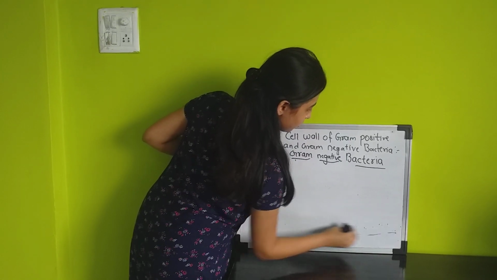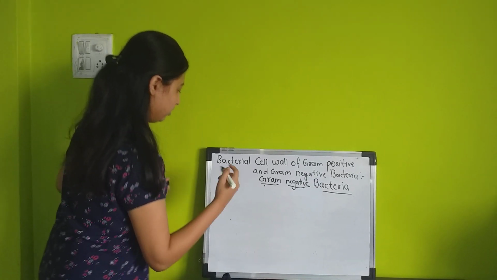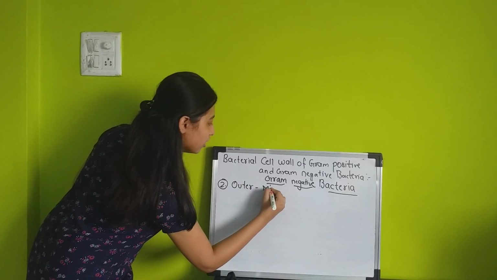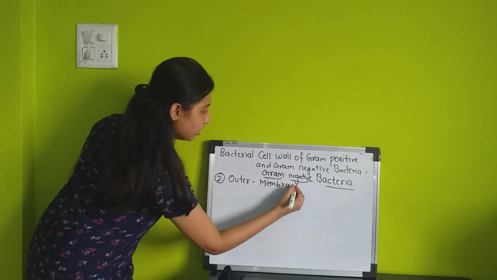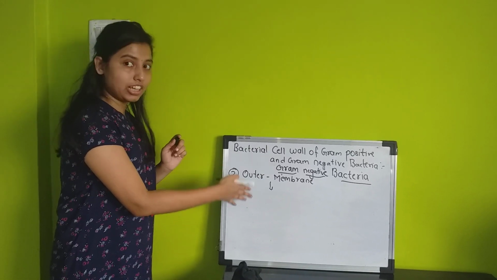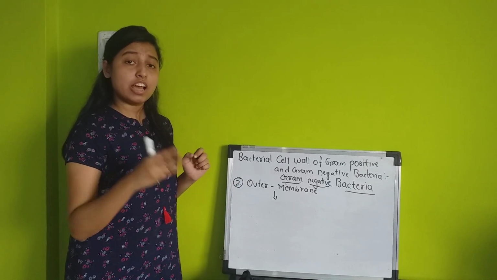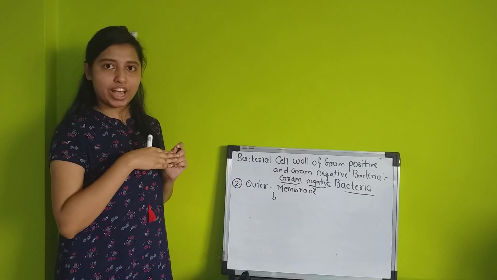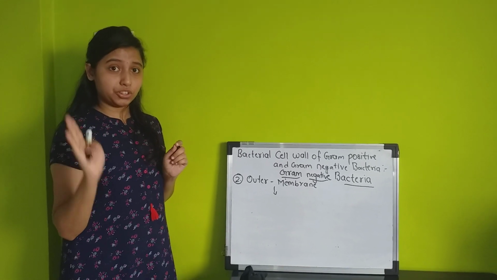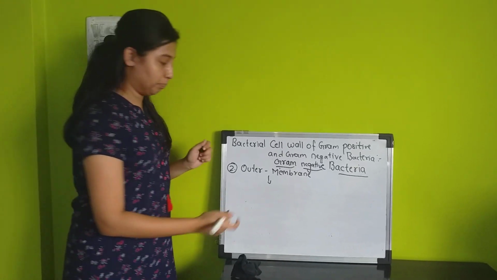The outermost layer of the bacterial cell wall of gram-negative bacteria is the outer membrane, which forms transmembrane pores that serve as a diffusion channel for smaller molecules, not for larger molecules.